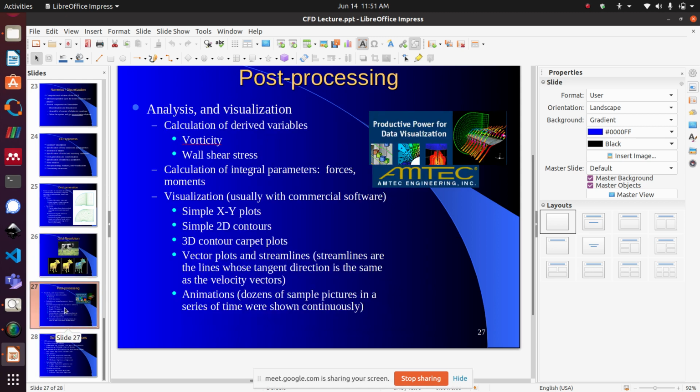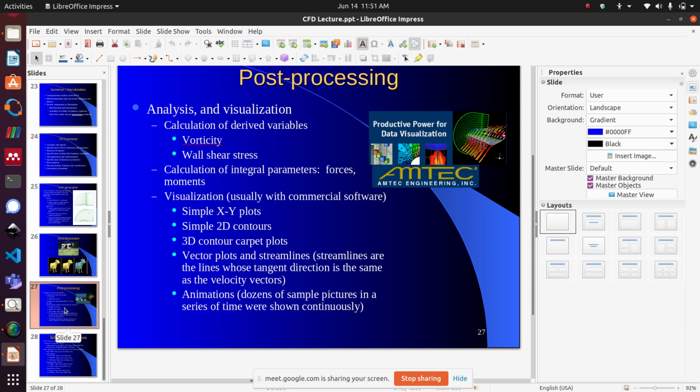So once you solve the system of algebraic equations, you have the result. What is the result? When you are solving a Navier-Stokes equation, the result is usually the field variables, the pressure and the three velocity components. From the solution alone, you can't really understand anything.